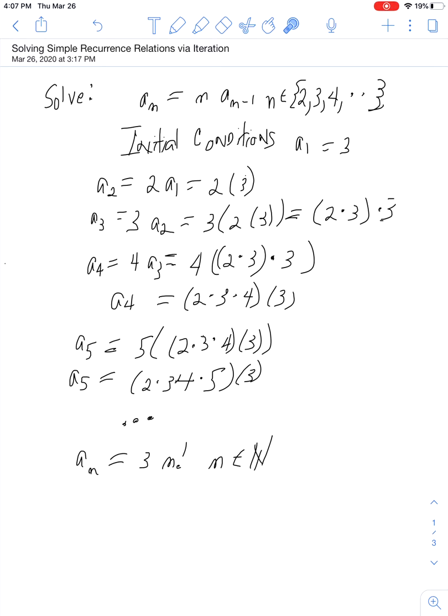Now today we're going to solve these recurrence relations by iteration. And by solve, I mean we're going to find a function without ellipses that tells you what every value happens to be. In this case, we start with a1 is equal to 3, and then we iterate on it.